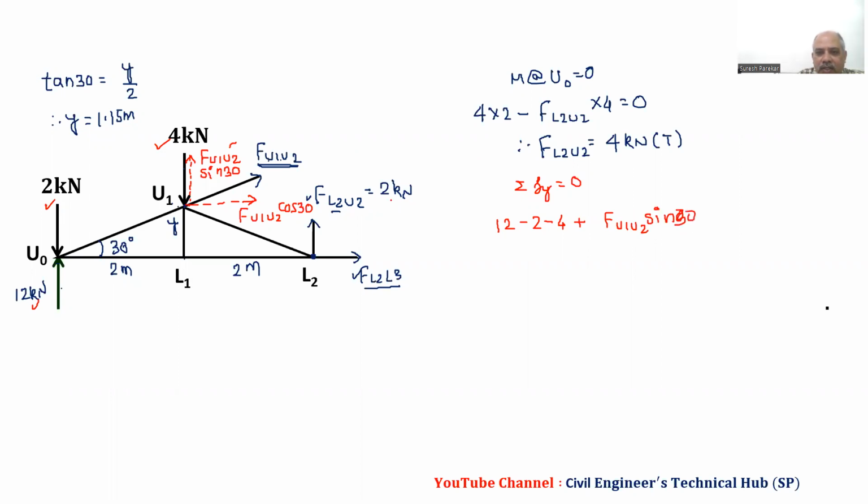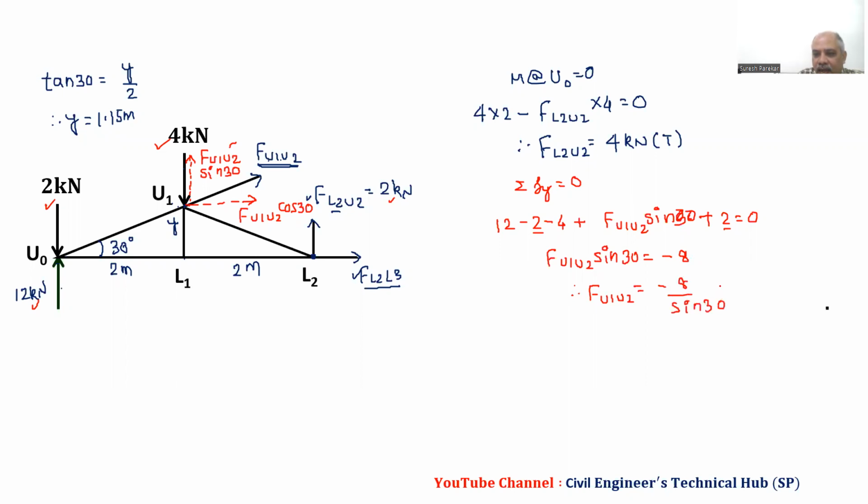And this 2 also upward, so plus 2, and that is equal to 0. The 2 gets cancelled, and 12 minus 4 gives minus 8. From this we get F U1U2 sin 30 equal to minus 8, so F U1U2 equals minus 8 by sin 30.